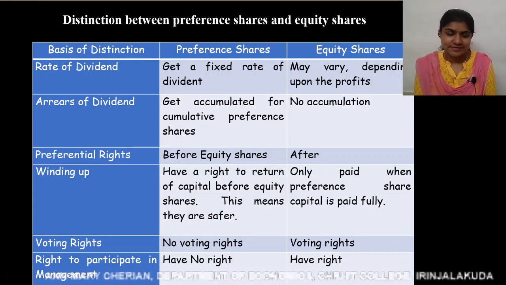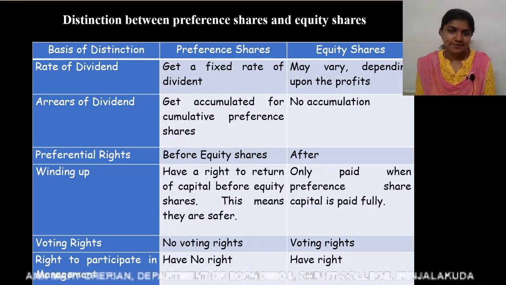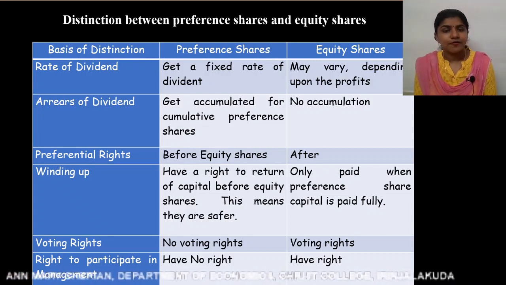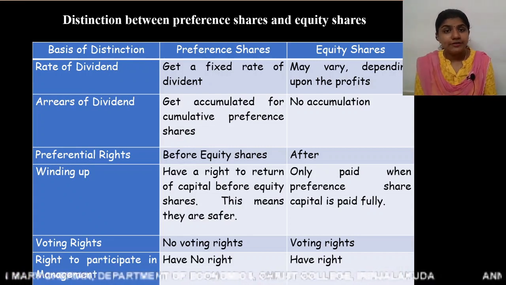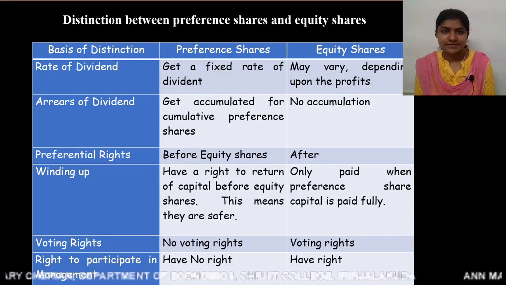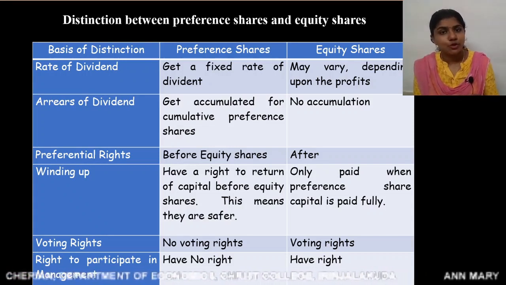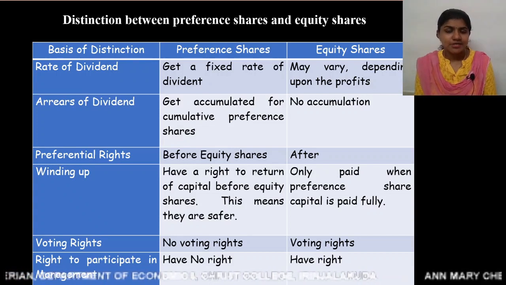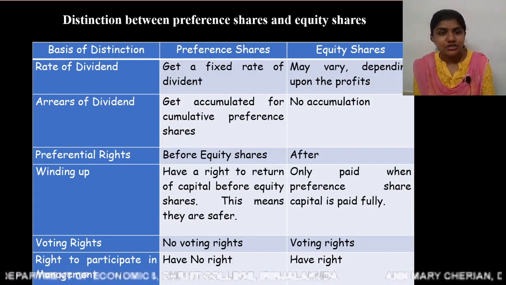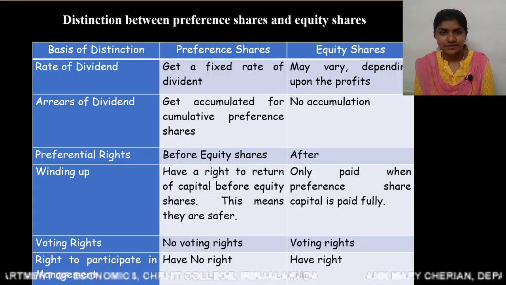Second basis of distinction is arrears of dividend. We have already discussed different types of preference shares. One of them is cumulative preference shares. So cumulative preference shares have a right to receive arrears of dividend.